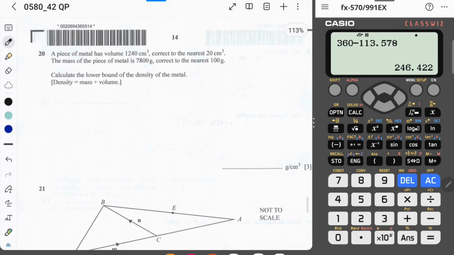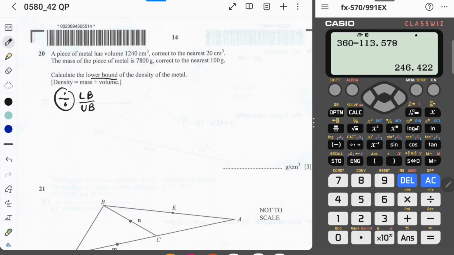In addition and multiplication we take the same, like for the upper we multiply with the upper or add with the upper, and for the lower we do that. But in subtraction and division it's a different thing. In division, if we have to find out the lower bound, we take the lower bound in the numerator and the upper bound in the denominator to get the least answer or the minimum answer.